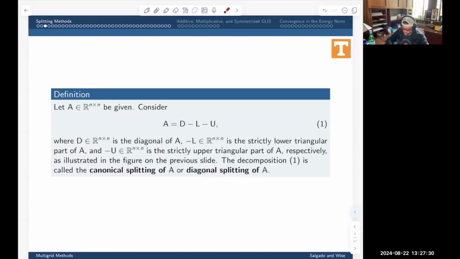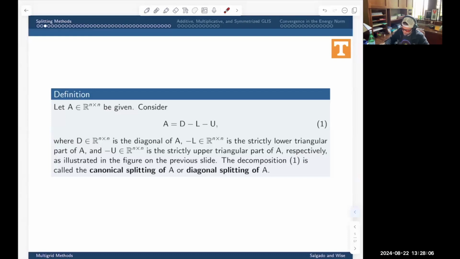All right, so let A be given. Consider A equals D minus L minus U, where D is the diagonal part of A, minus L is the strictly lower triangular part, which means it puts zeros on the diagonal and above the diagonal, and the strictly upper triangular part of A is what we call minus U, which has just zeros in the lower triangular part and on the diagonal.